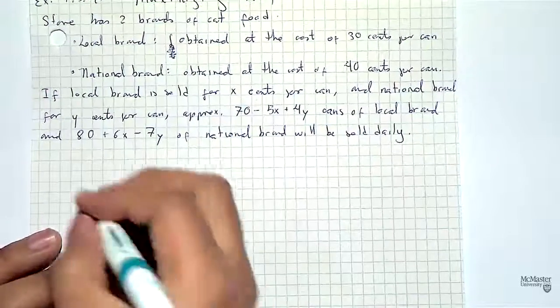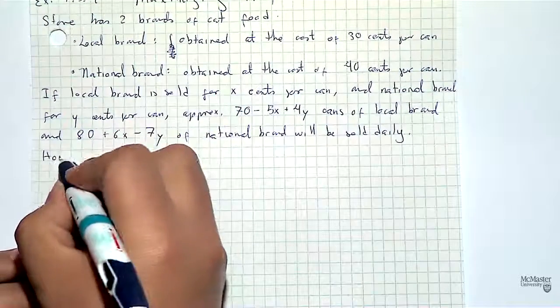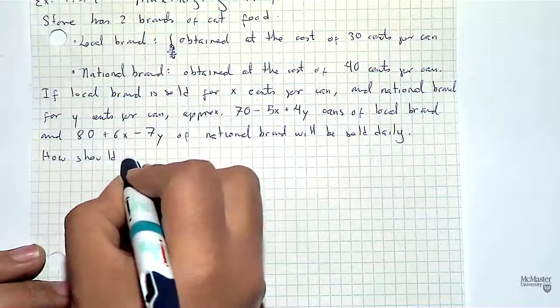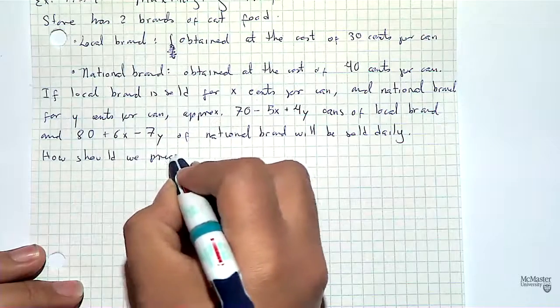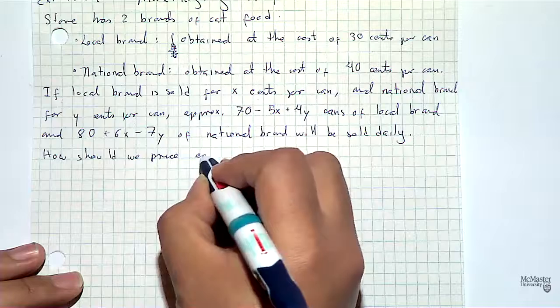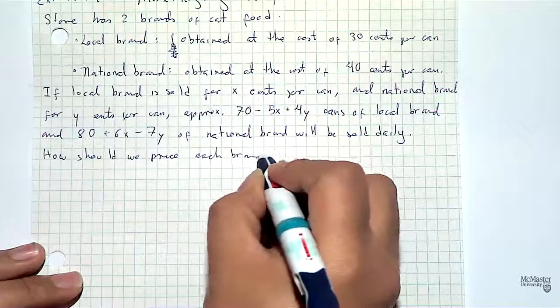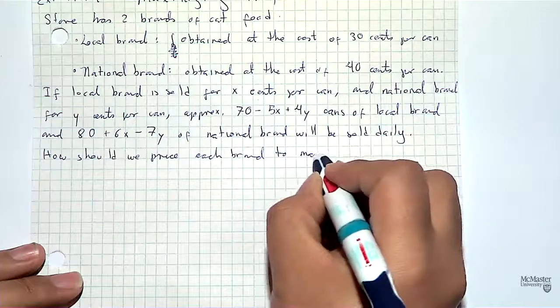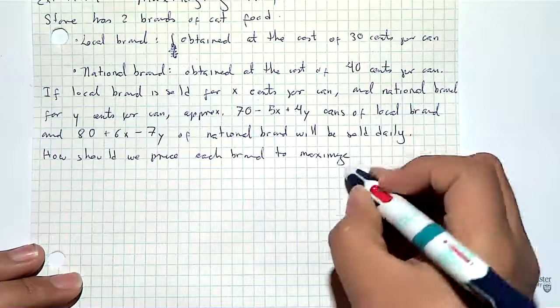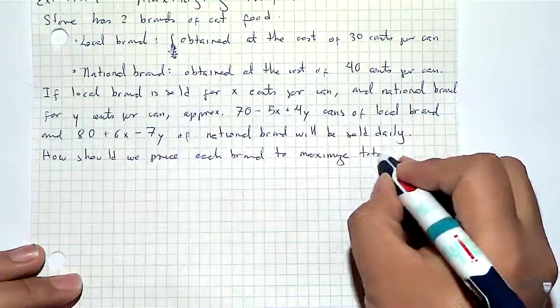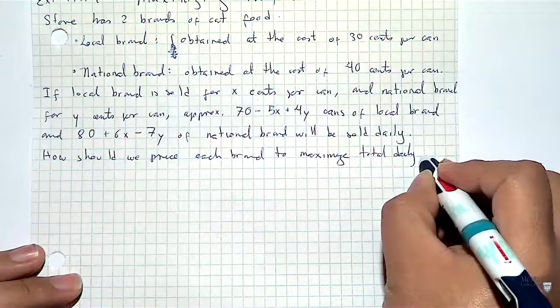So the question is, how should we price each brand to maximize the total daily profit?